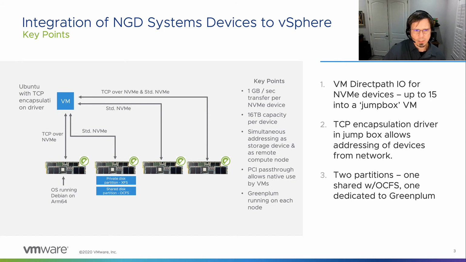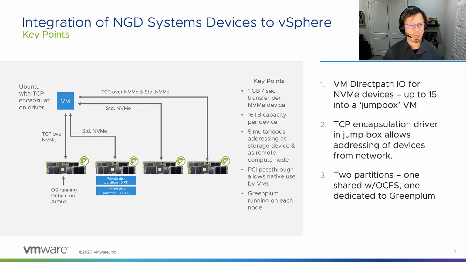The third thing we did to integrate the NVMe devices with vSphere was to have a separate partition strategy. We had 2 partitions on each NVMe device. One was XFS. This is the local, highly secure journal file system which Greenplum installed on. And then separately from that, we had an OCFS partition, which is the Oracle clustered file system.